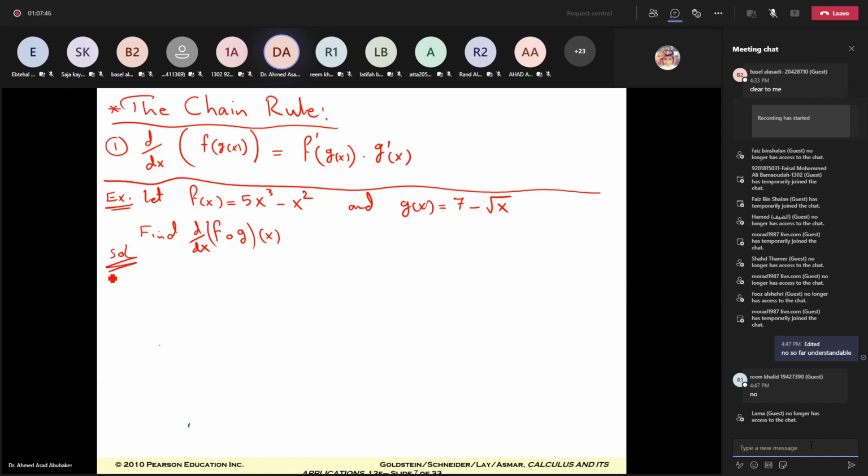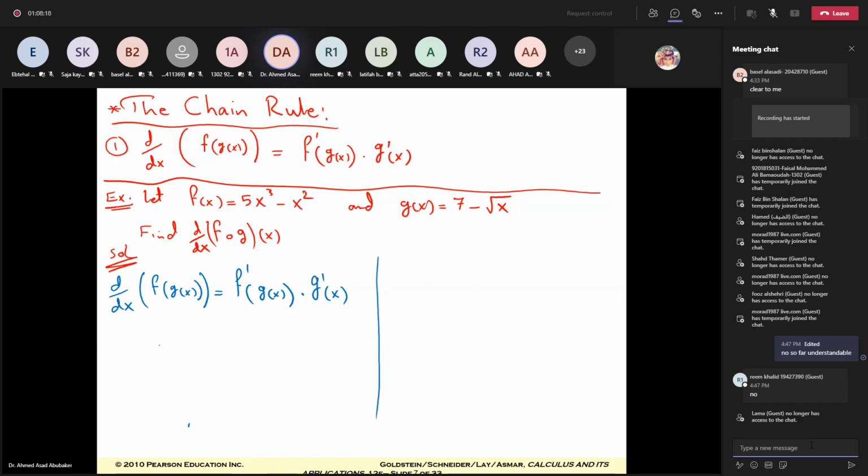The solution: to find d over dx for f(g(x)), this means find f prime, substitute g, multiply by g prime.